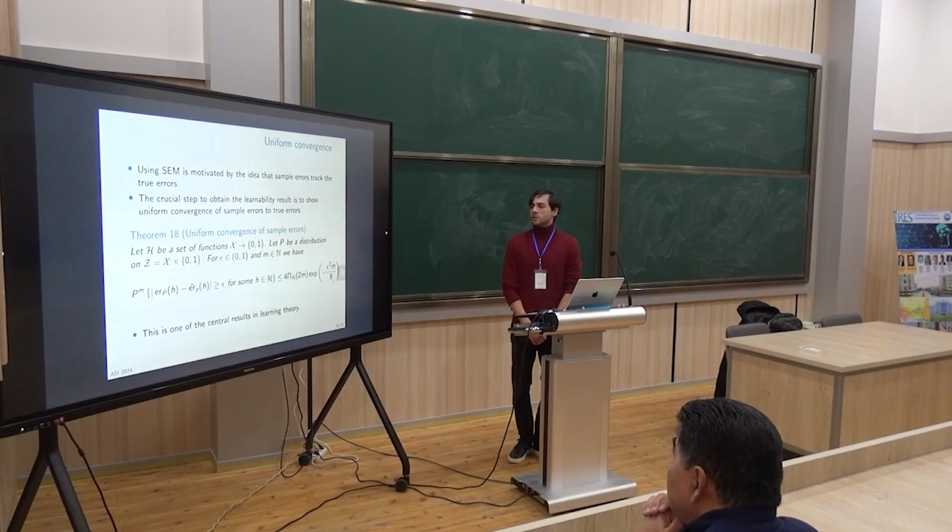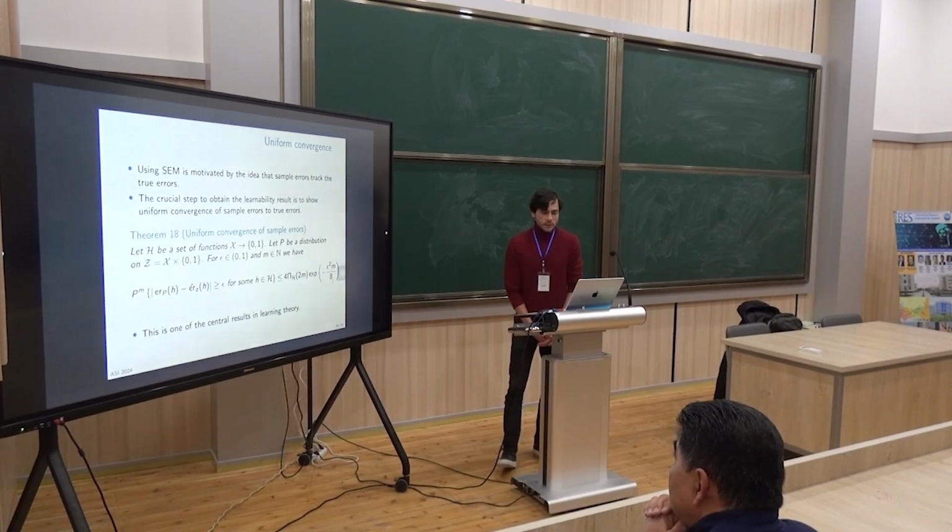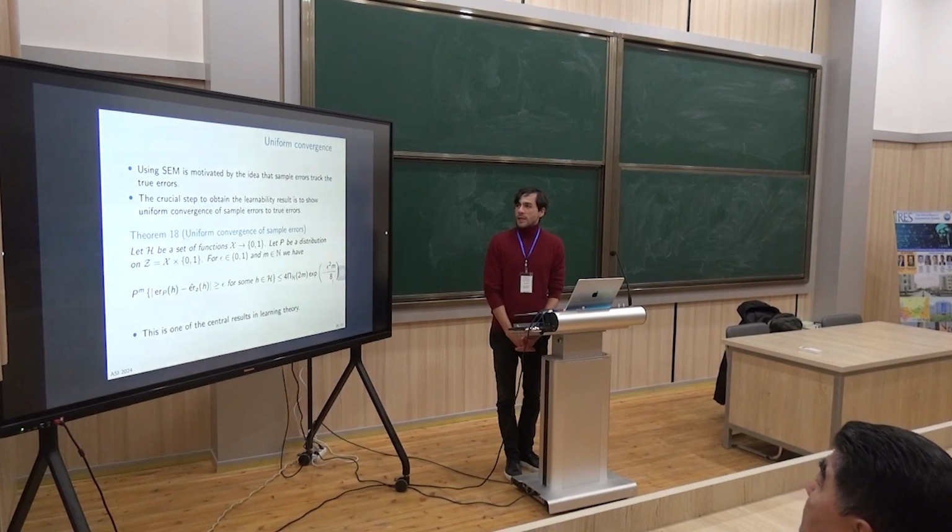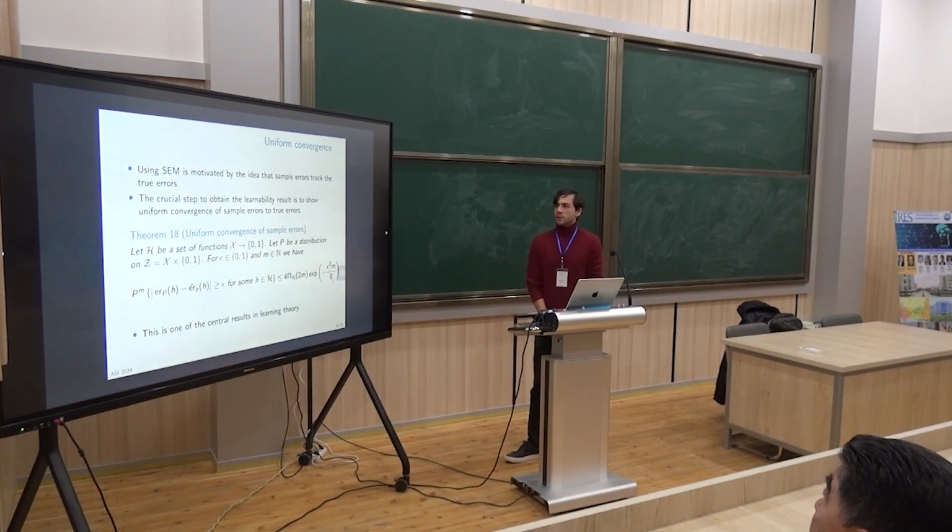Maybe before that, the key technical step towards proving that result is uniform convergence. As I was saying, using the sample error minimization is motivated by the idea that the sample errors are tracking the true errors.